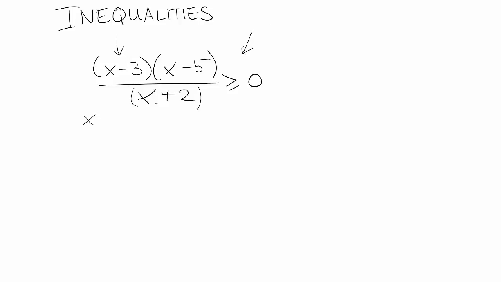So we know that x cannot equal negative 2, and at x is 3 and at x is 5, we have critical points, potential crossing points. So again, we want to test our regions and see, when is it going to be greater than or equal to 0? So negative 2 cannot have that. 3, we could have that. And 5, we could have that.